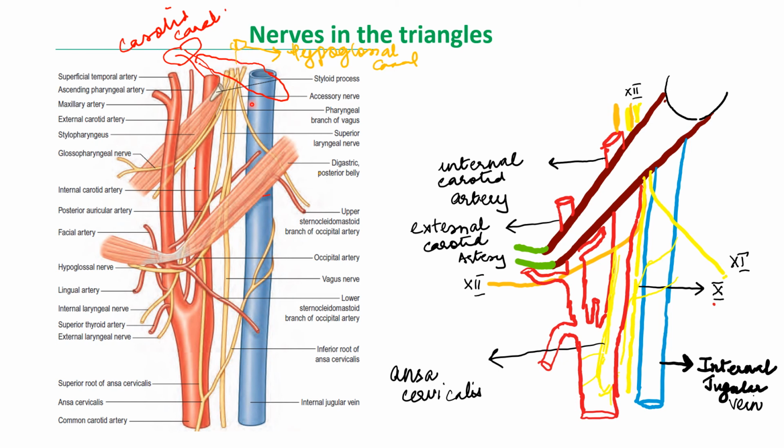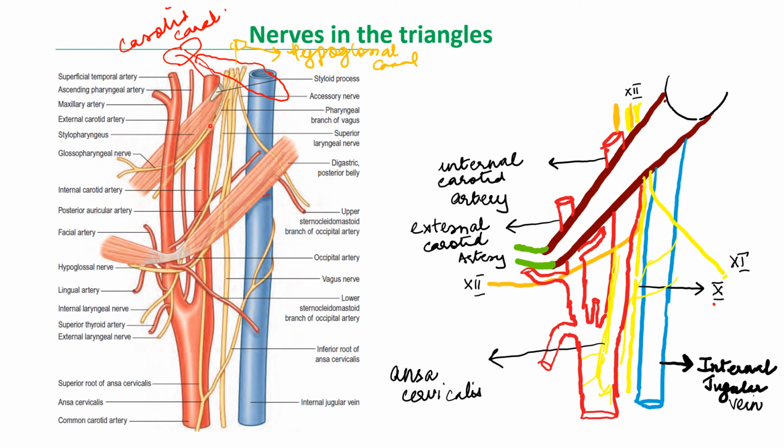The moment they have come out, they enter into the carotid sheath, and then they pierce the anterior wall or the side walls of the carotid sheath to move wherever they need to move. They are in the carotid sheath, present between the internal carotid artery and the internal jugular vein. Firstly, the glossopharyngeal, the 9th cranial nerve, pierces the carotid sheath and moves along the stylopharyngeus muscle, which is arising from the styloid process.